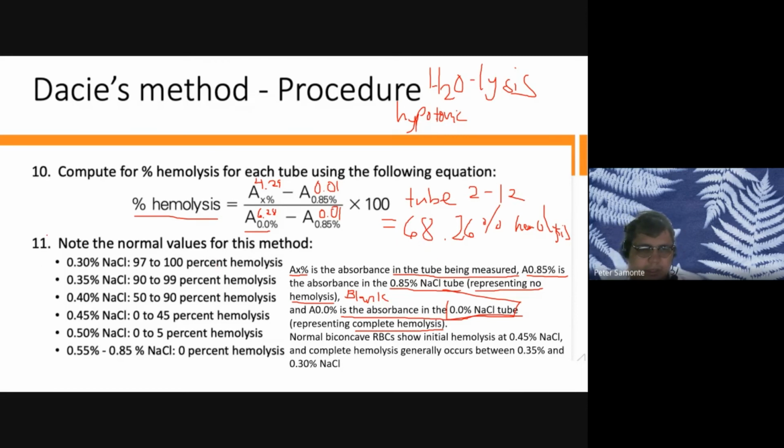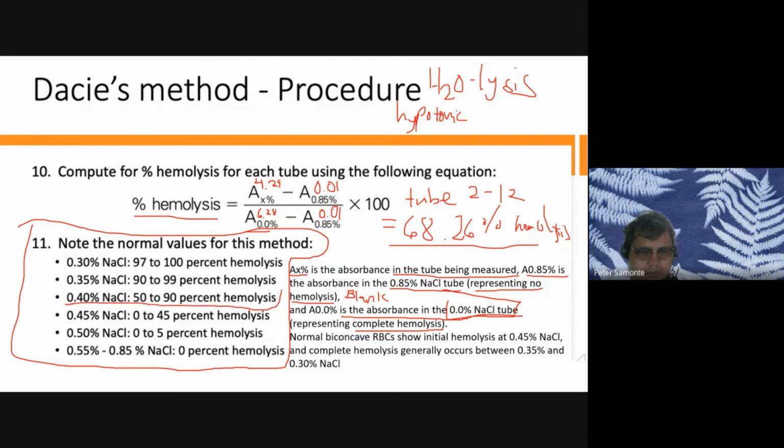Let's take a look at these normal values, class. It says here, 68.26% hemolysis. So it falls here, class: 50 to 90% hemolysis, and this would have a 0.40 NaCl concentration. Now, what is 0.40 NaCl? Let's take a look at this, class.